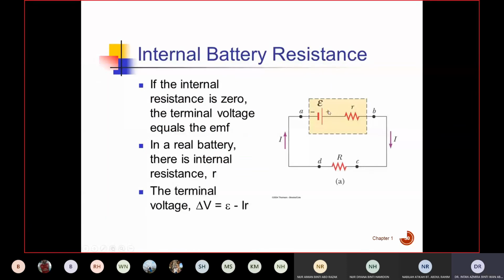So in this circuit, EMF is equal to V plus Ir, where Ir is the voltage drop across the internal resistance r of the battery.